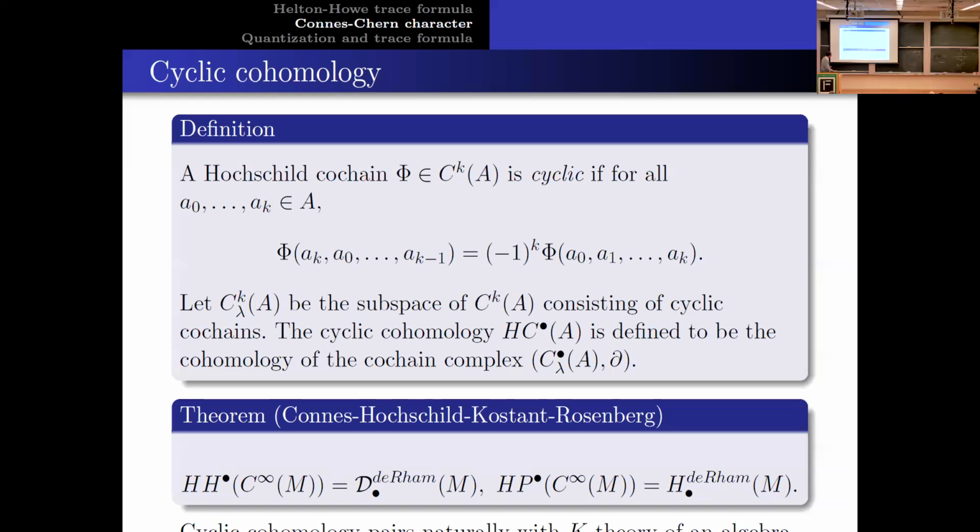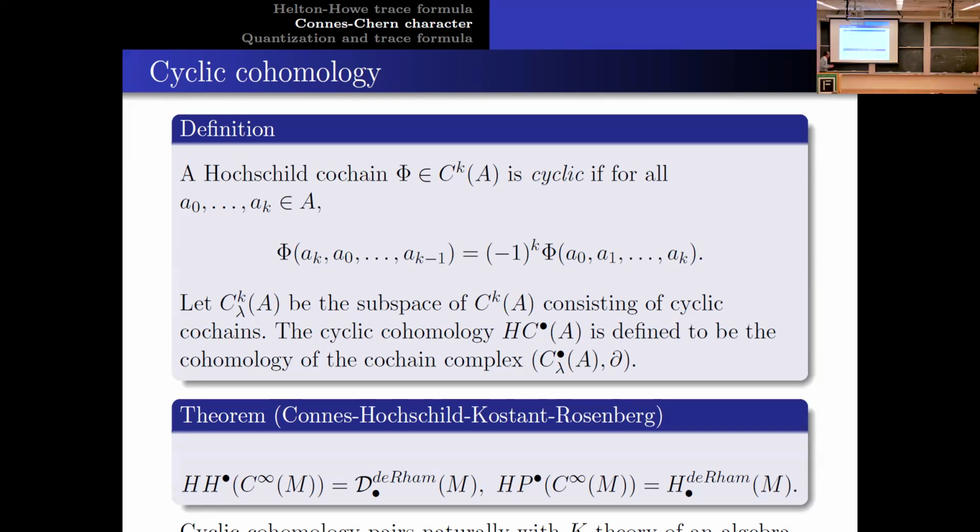Okay. So that's this comment. And furthermore, we know the cyclic cohomology pairs naturally with the K theory of the algebra. That's the important ingredient for non-commutative geometry, for Poincaré duality, or the pairing between homology and cohomology.